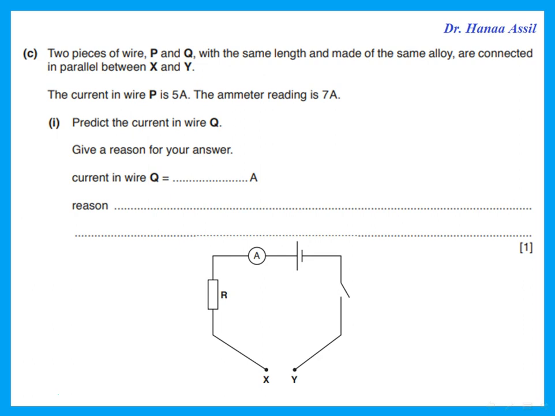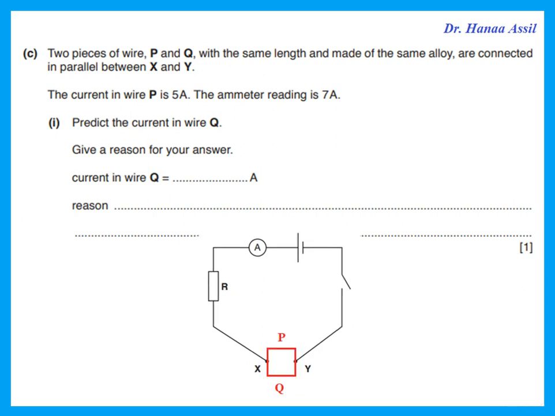Two pieces of wire, P and Q, with the same length and made of the same alloy are connected in parallel between X and Y. So we have something like this. Two wires, P and Q, connected between X and Y in parallel. The current in wire P is 5 amperes and the ammeter reads 7.